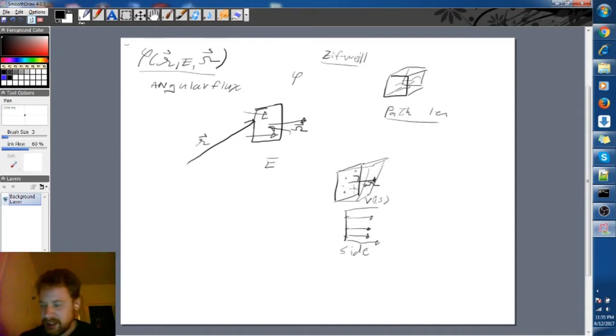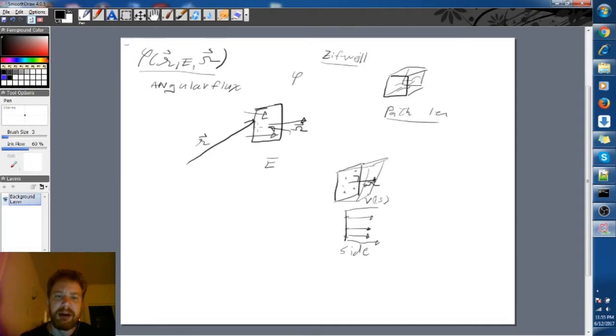And excuse the hand-wavy explanation of that. But basically what I want to get across is that when I think about the interpretation of angular flux, what I'm thinking about is a path length traced out in 1 second in that 1 cubic centimeter volume.